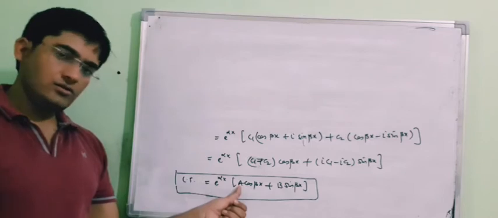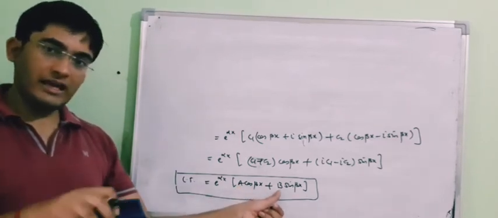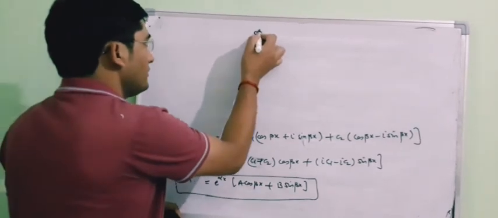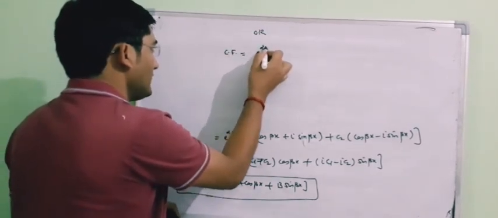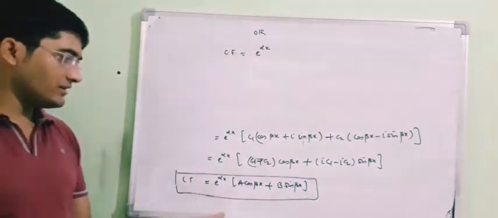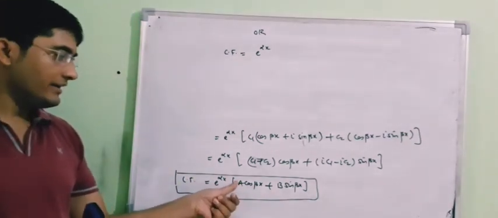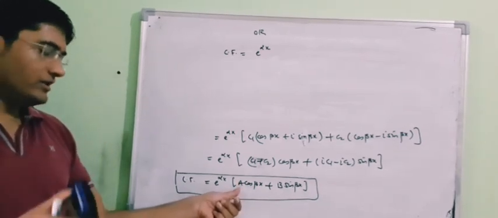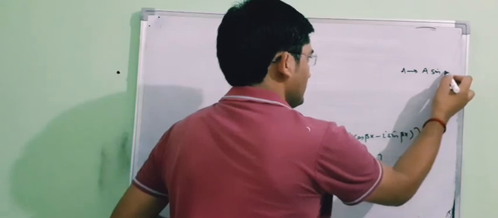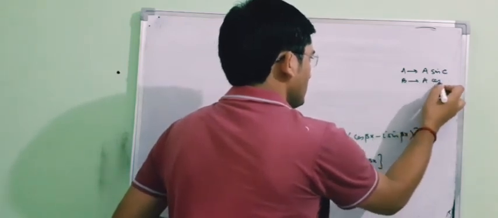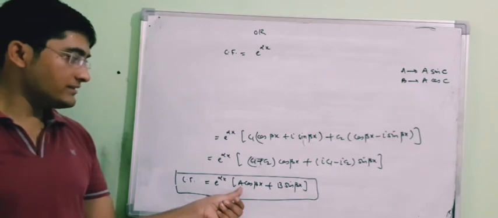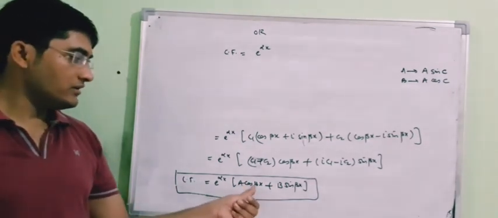Or if you write A as a sin c and B as a cos c, where c is a constant, then this becomes sin a cos b plus cos a sin b.